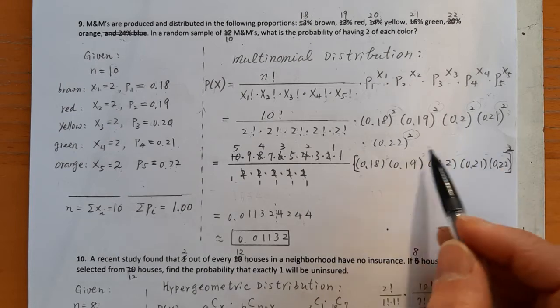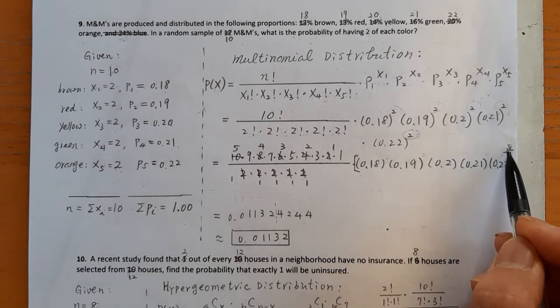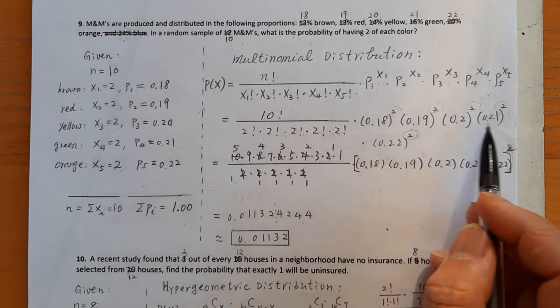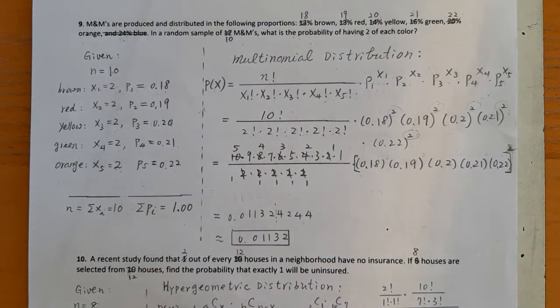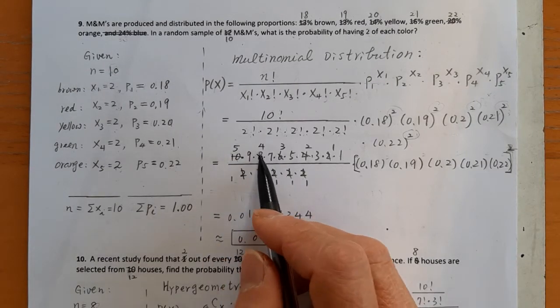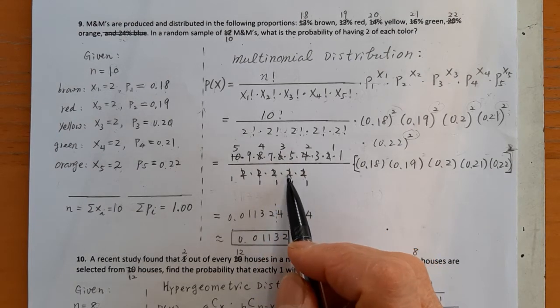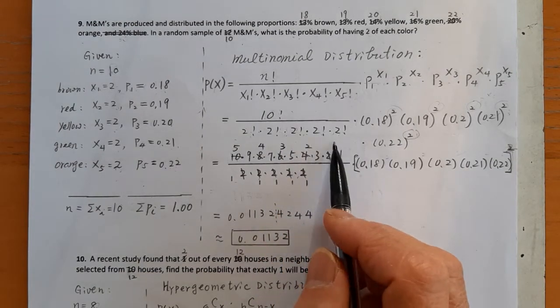Then take out the 2s and tie those together first, which is easier to calculate. Now you cancel 2: 10 divided by 2 is 5, 8 divided by 2 is 4, 6 divided by 2 is 3, 4 divided by 2 is 2, 2 divided by 2 is 1.